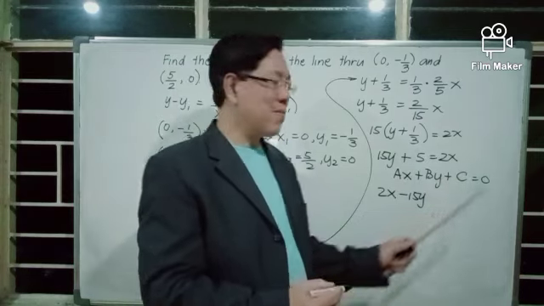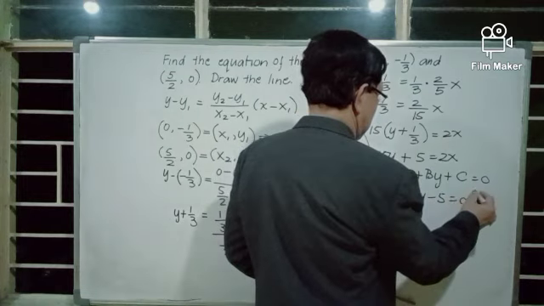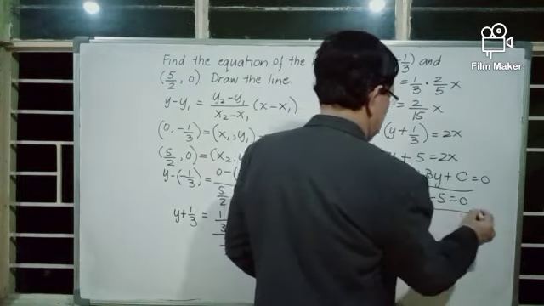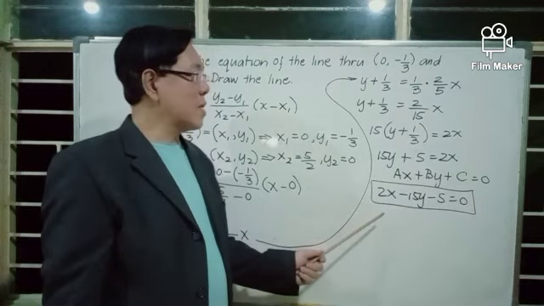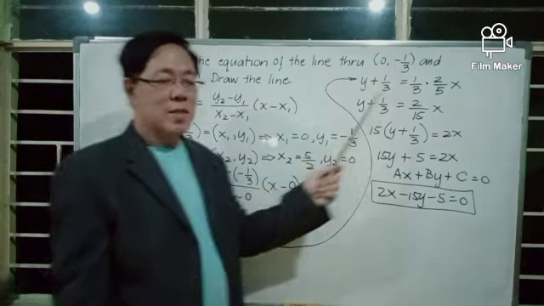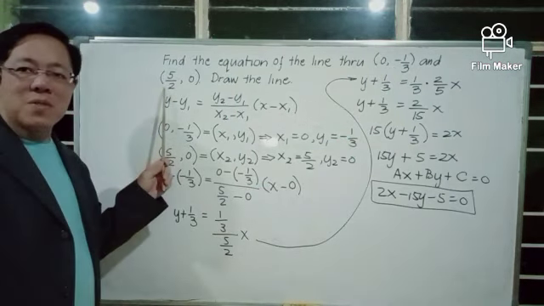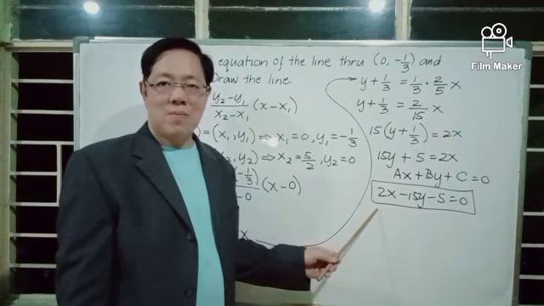We get negative 5. This is the required equation of the line that passes through the point 0, negative 1/3 and the point 5/2, 0. And this equation of the line is in standard form.